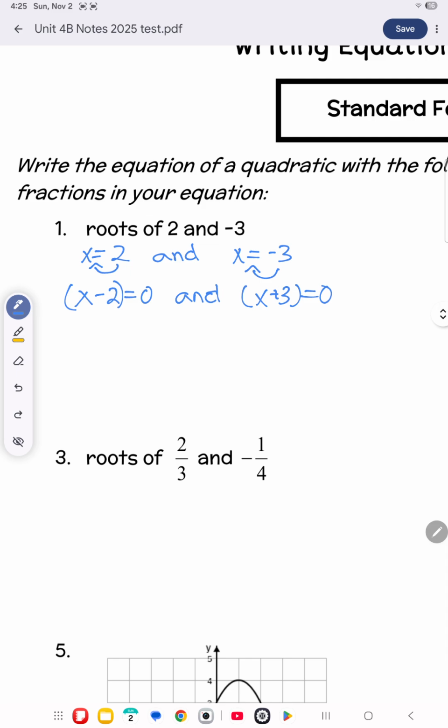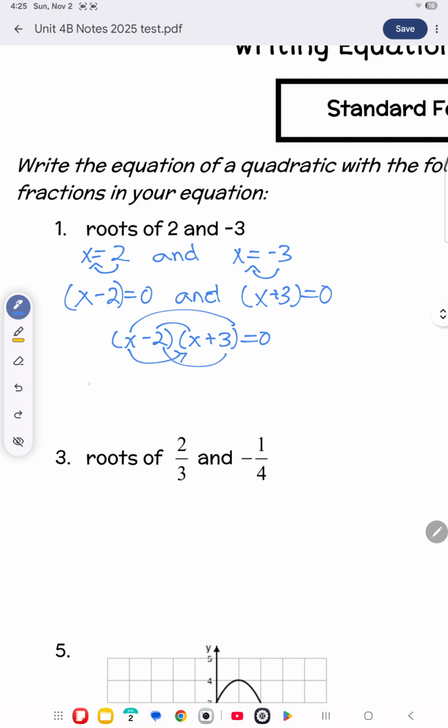And what do we do to get it back into standard? We're going to take those factors and we're going to multiply them together. So we have x minus 2 times x plus 3 equals 0. Right? And we're going to start multiplying these out. We're going to do distribution. So first, then inner, and then outer, and then last.